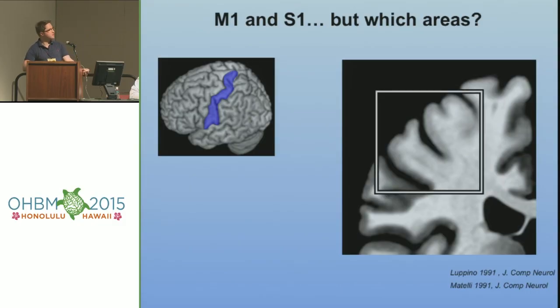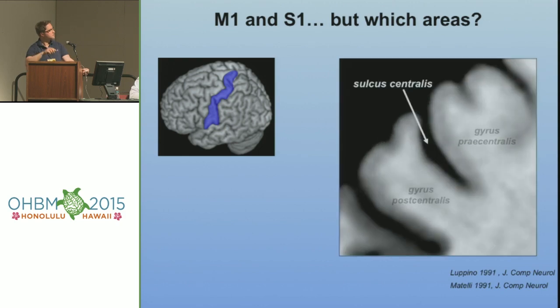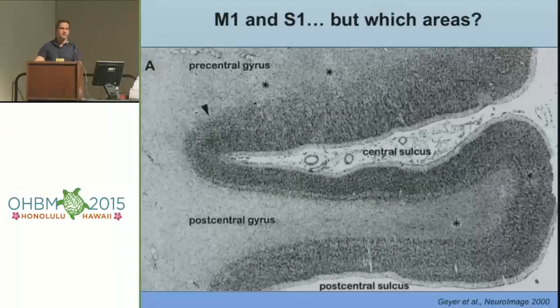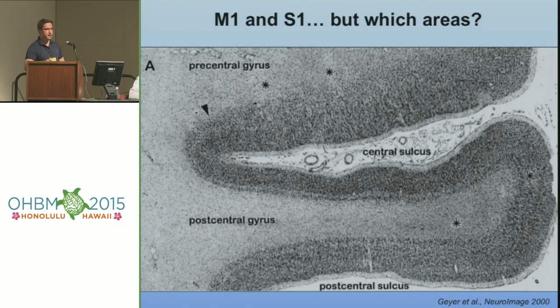When you zoom in here into the post-central and into the central region, so here we have the central sulcus, the pre- and the post-central gyrus, then we see that histologically, this region is not homogeneous. But I would hope that everybody, even without neuroanatomy training, would recognize that this part of the brain here looks quite distinct from that one over here.